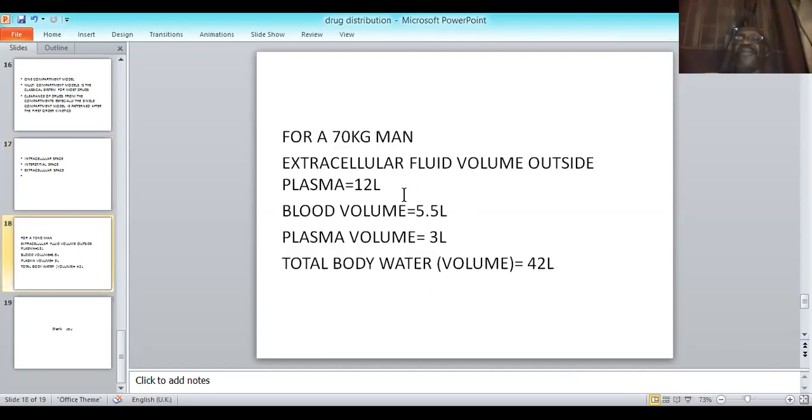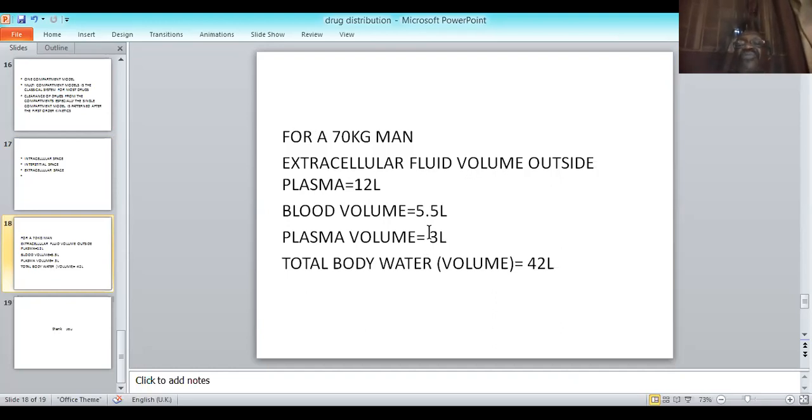For a young man, the extracellular fluid volume outside the plasma is 12 liters. That is, if you can separate the extracellular fluid outside plasma, you have 12 liters. The blood volume will be about 5.5 liters. The plasma volume will be less than the blood volume because the blood contains the plasma amongst others.